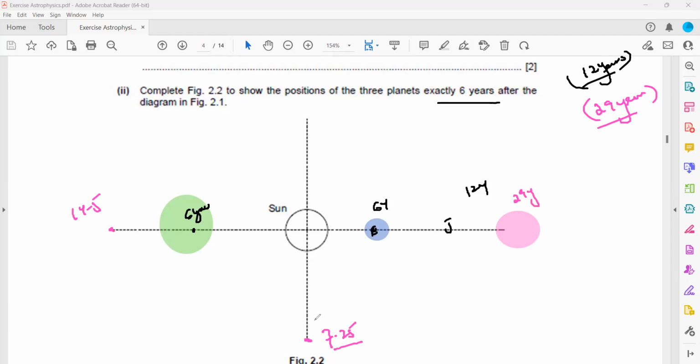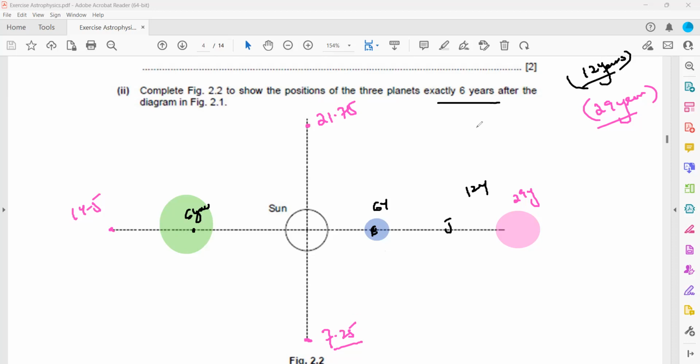Then after 14.5, it will be exactly on the opposite side. After 21.75, because every quarter takes 7.25. And then again after 29 years, it will be back here.